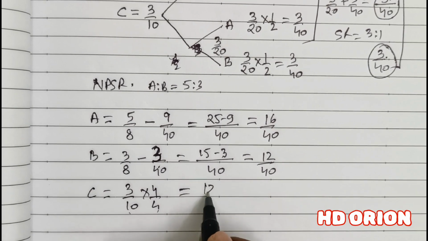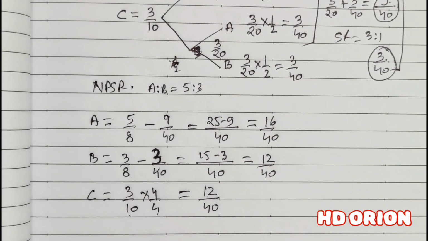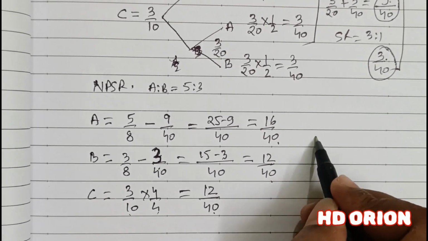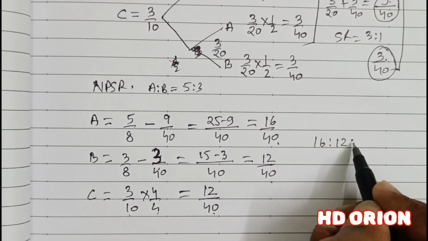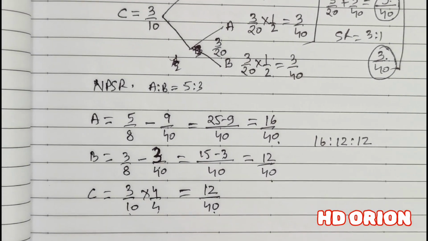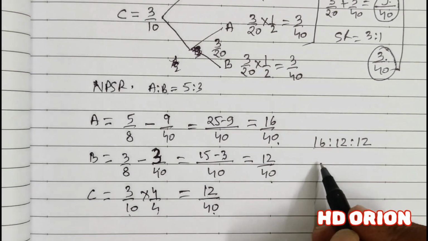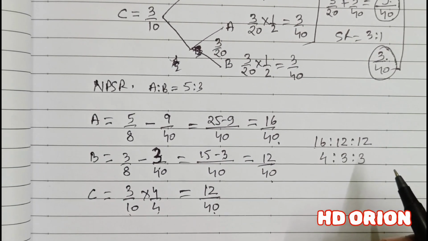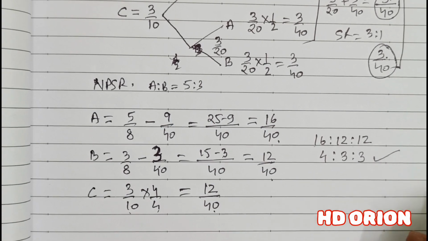So it is 12/40. Because the denominators are same, therefore the numerators can be taken as ratio. And it is all divisible by 4. So it is 4:3:3. So this is our answer.